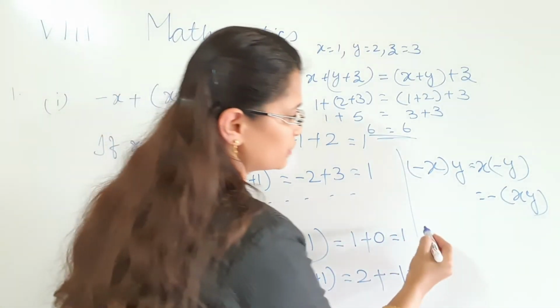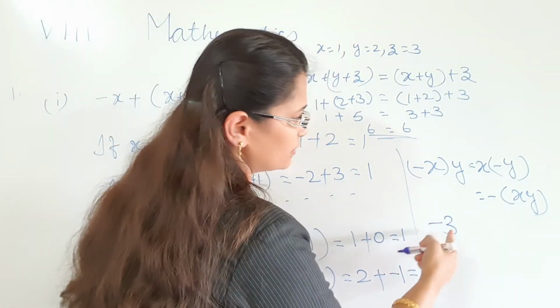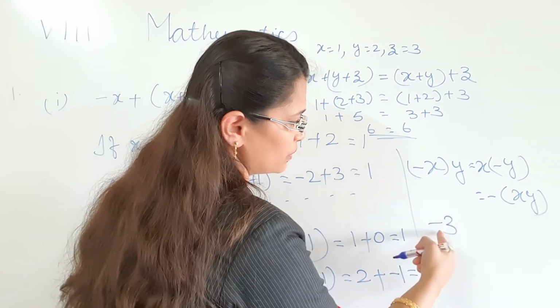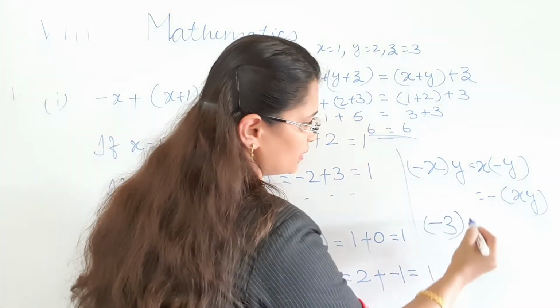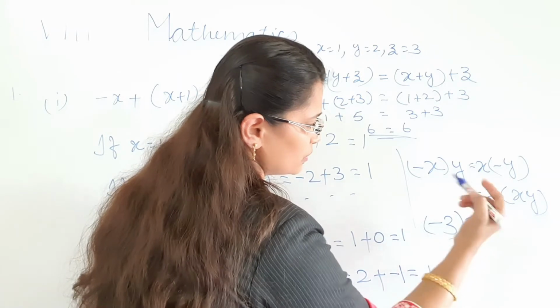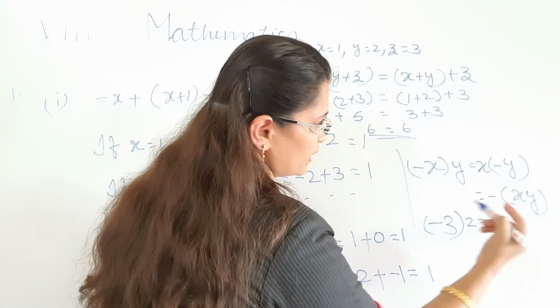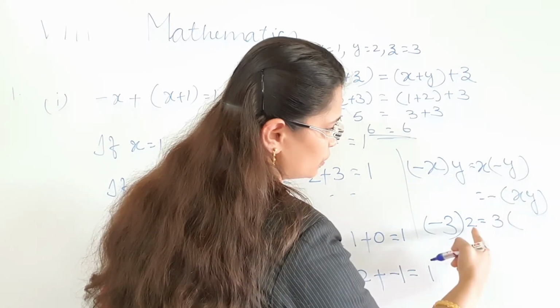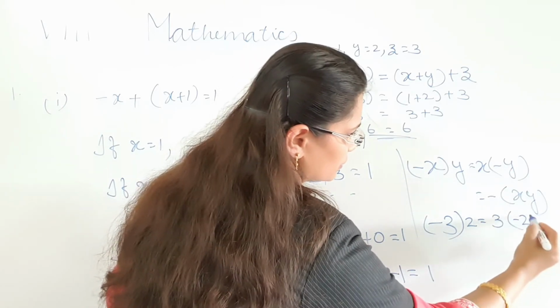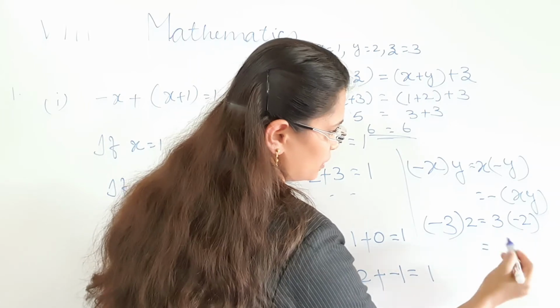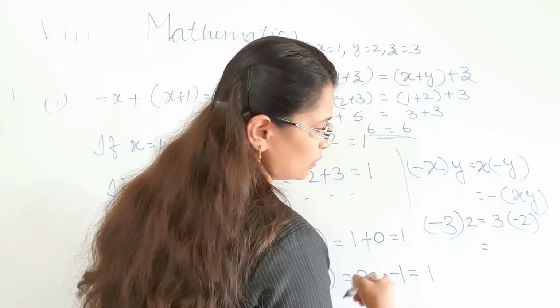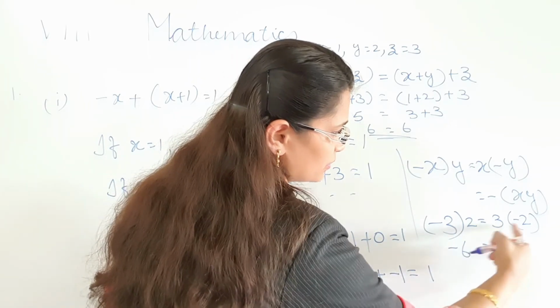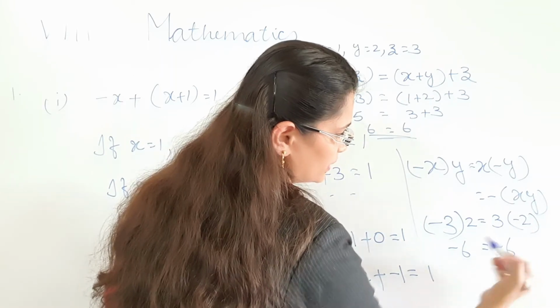This is nothing, just check. Suppose if x is equal to 3, y is equal to 2, minus 3 into 2 is equal to x into minus y. That means 3 into minus 2 is equal to minus 6. 3 into minus 2 what? Minus 6.